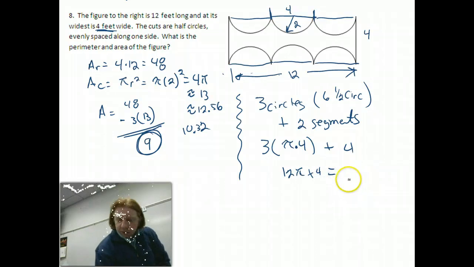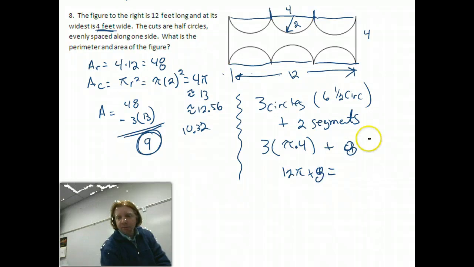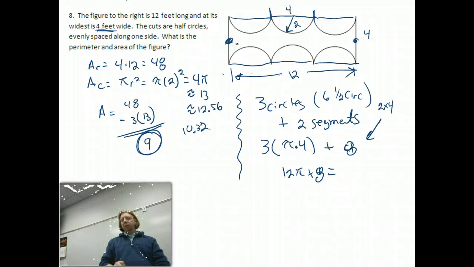And you should get an answer in the ballpark of, not 4, my bad, 8. Because there are 2 of them. There's 2 what? This is 4, and that's 4. Oh.